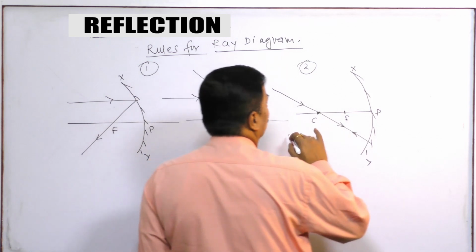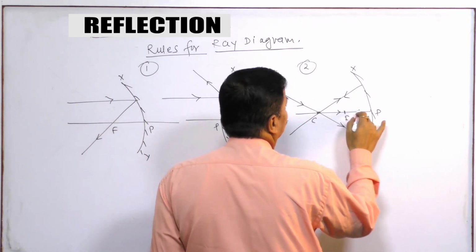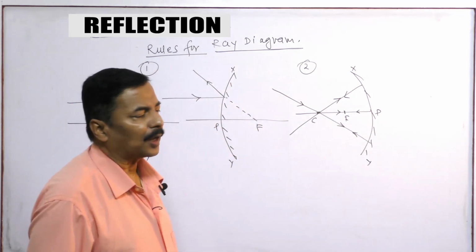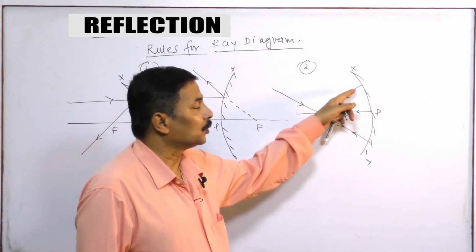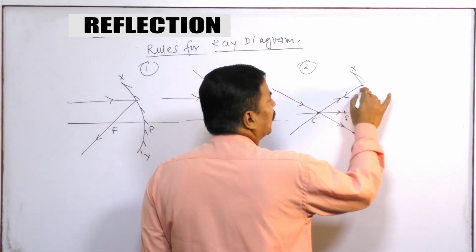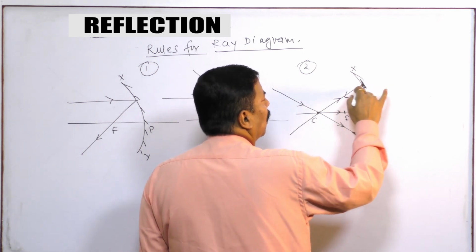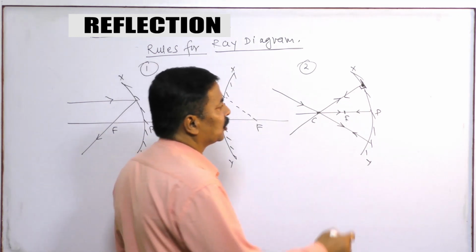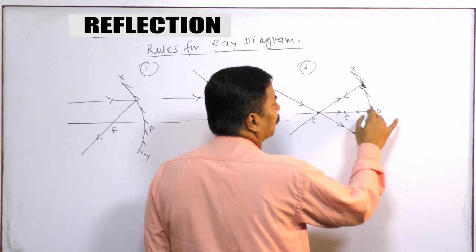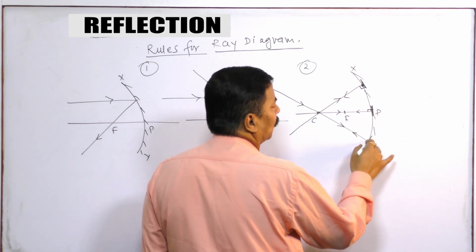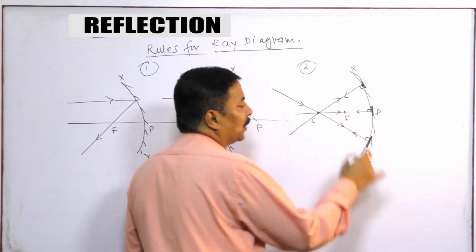Any ray, you can take this ray also, it will retrace its path. Why? Because the ray passing through the center of curvature is normal at the point of incidence, and for normal incidence, the angle is 90 degrees and it will retrace its path.